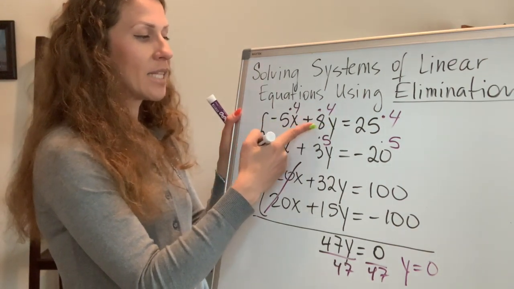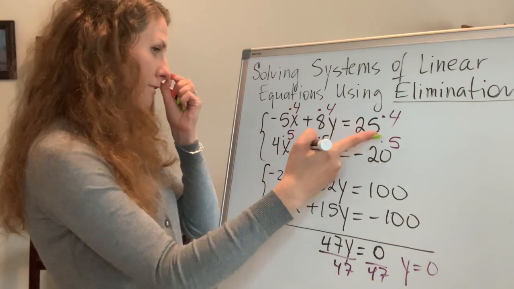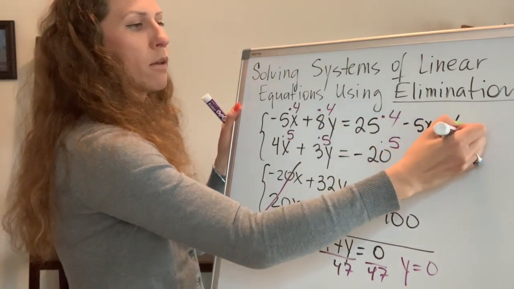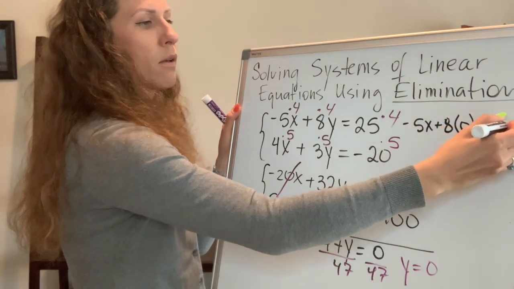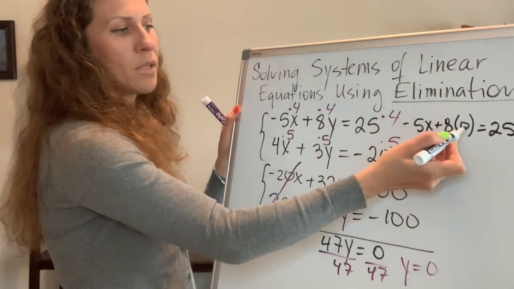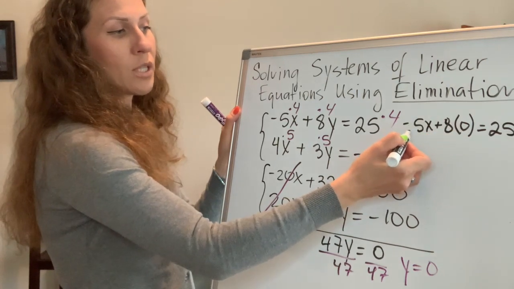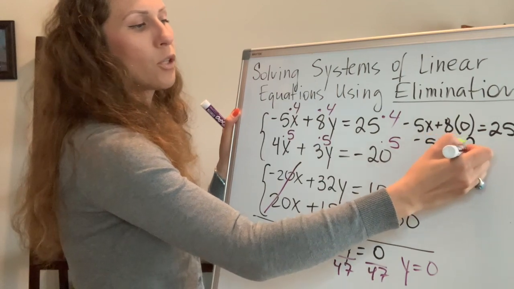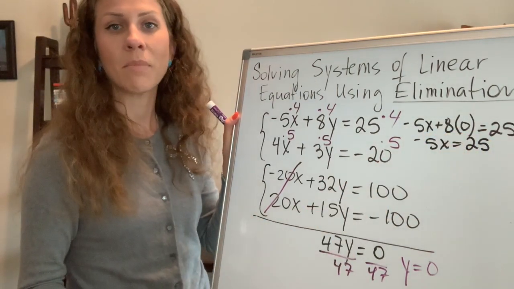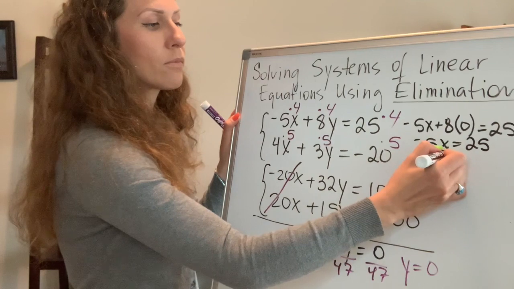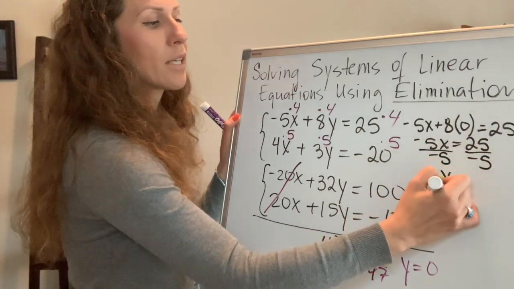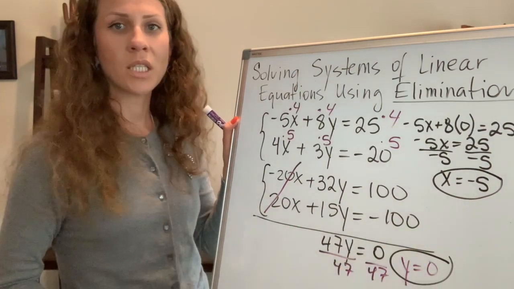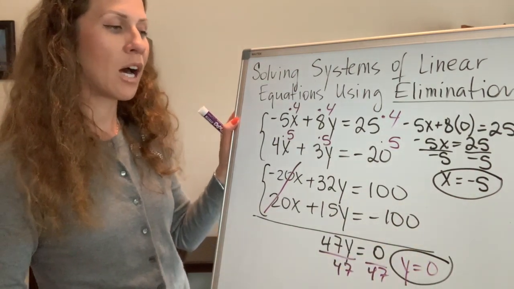Negative 5x plus 8 times 0 equals 25. Eight times 0 is 0, so we're left with negative 5x equals 25. To solve this, you divide both sides by negative 5. So x is negative 5. The solution to the system is negative 5 comma 0.